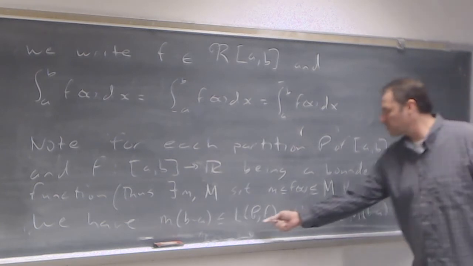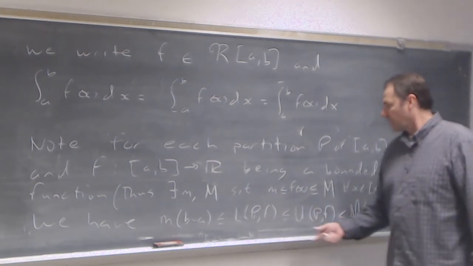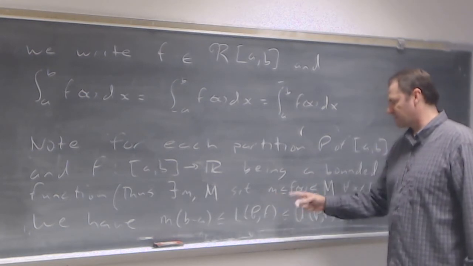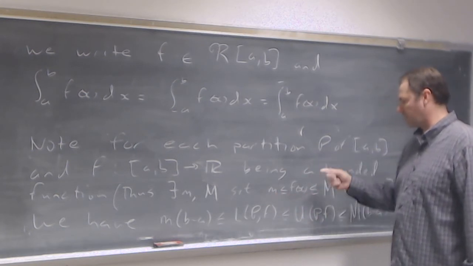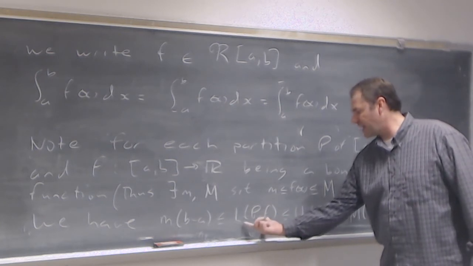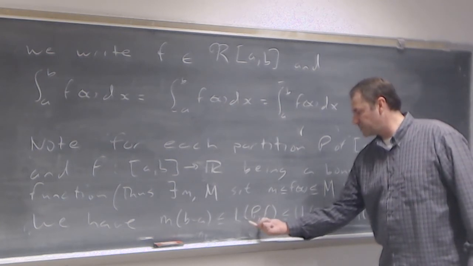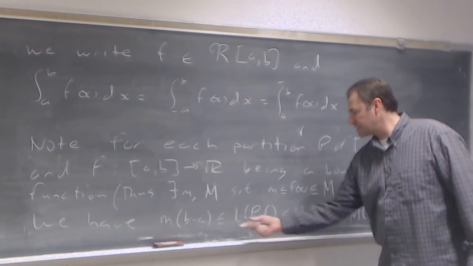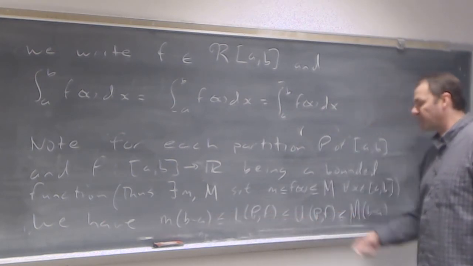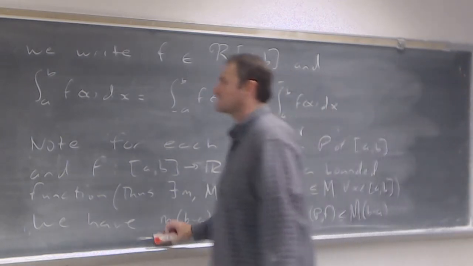And this is true for any partition P and bounded function. If we fix the function that we're talking about, and the partitions P change, what we see is that for each P, this quantity is bounded below and above. That's the lower sum, and so is the upper sum, and they're numbers.